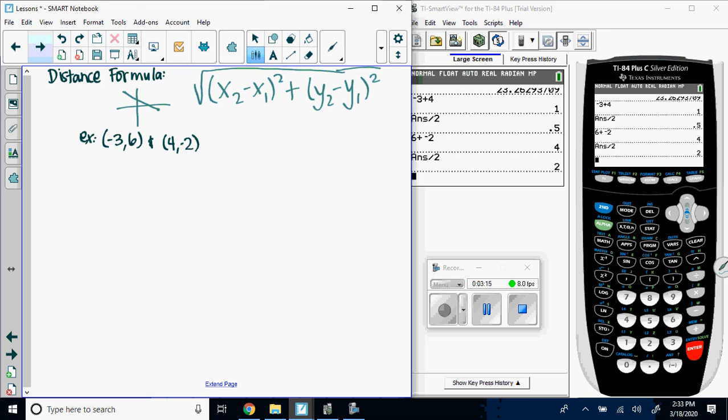So I'm just going to plug these points in: x1, y1, x2, y2. So we have the square root of (negative 3 minus 4) squared plus (6 minus negative 2) squared. And this one is nice because you can type these in with your parentheses, since the answer is just a single length.